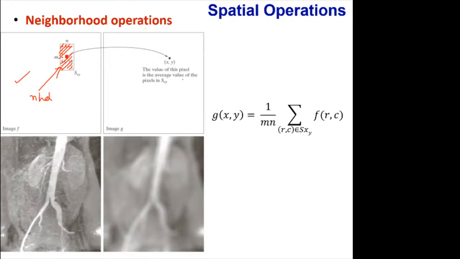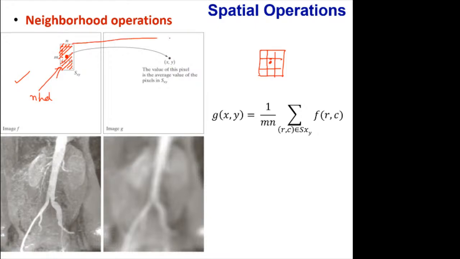So, for example, suppose I want to change the intensity of this pixel. Whatever neighborhood I have considered, if I make this area slightly bigger, this is the center pixel.